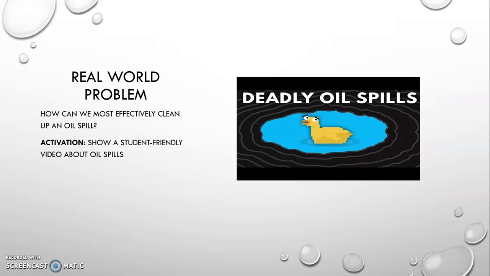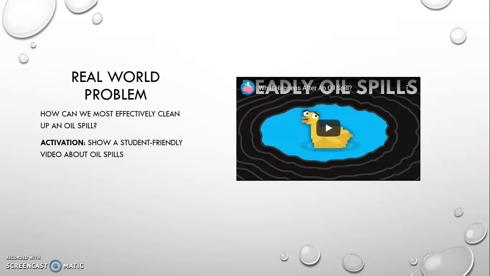So the real world problem that my students would be addressing is how can we most effectively clean up an oil spill? Now, for reference, I teach second grade, and the first step in my district's lesson plan is called the activator or the activation strategy, where we try to hook the students and get them excited and engaged about what we're going to be teaching.